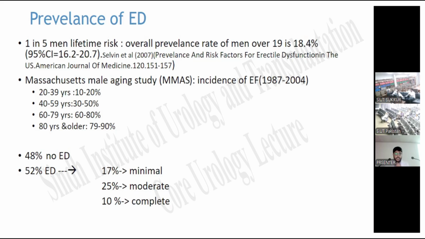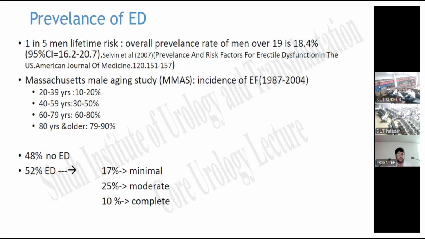So with this study, it is a very big study that was conducted from 1987 to 2004. It was published in 2000, and it was the biggest study. It enumerates two things. One is the age-wise incidence of erectile dysfunction, and the various causes that lead to erectile dysfunction in different decades of a man's life.